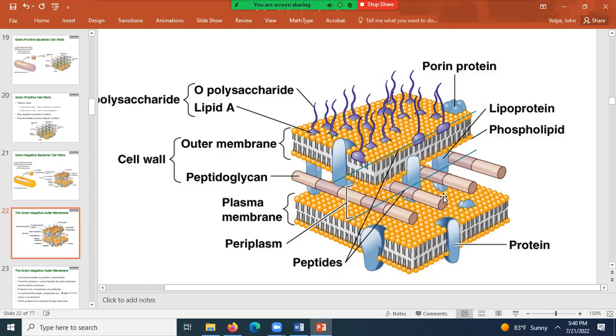And in this case, it looks like this one is both in the cell membrane, spanning the cell wall and in the outer membrane. Any question about any of that? So you'll note we do have a few extra molecules in the gram-negative cell wall than we have in the gram-positive cell wall.